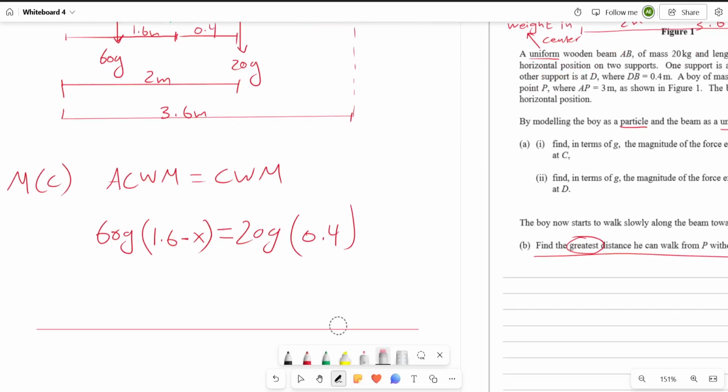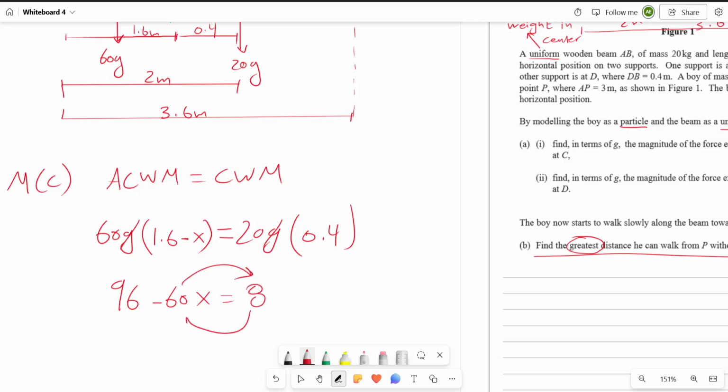So let's delete this. Over here what I can do is cancel a g from everything. I can say that 60 times 1.6, that is 96, minus 60 times x, that is 60x, equals 20 times 0.4, that is going to be 8. I'm going to move this 60x to the other side, bring the 8 here.